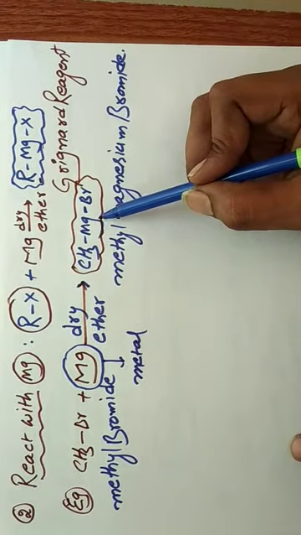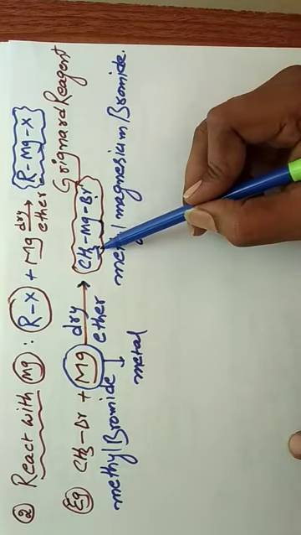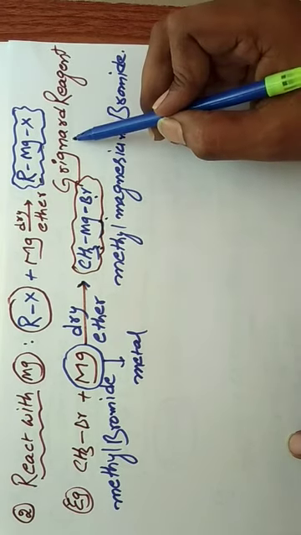Then we get CH3MgBr, methyl magnesium bromide. This is one type of Grignard reagent.